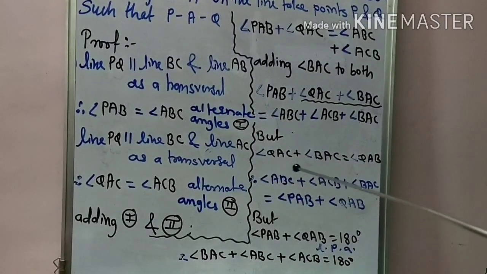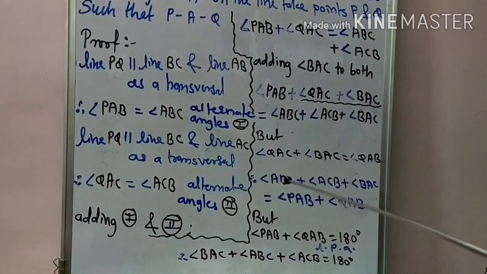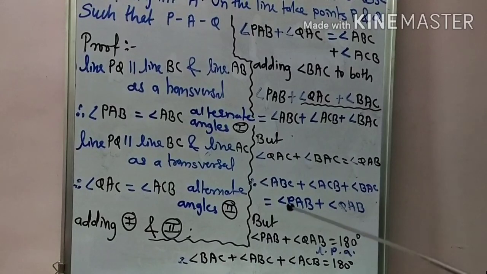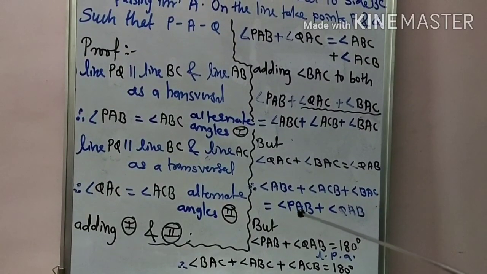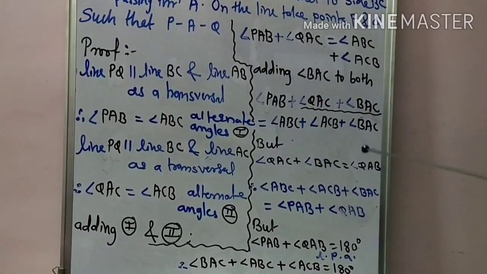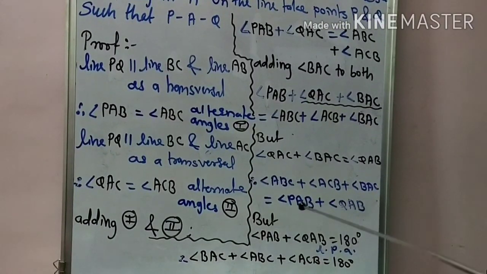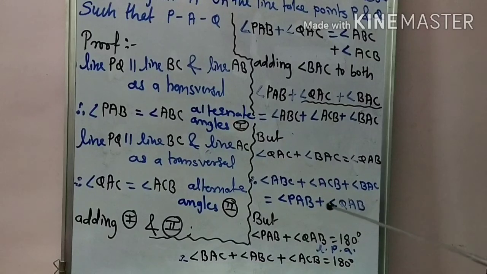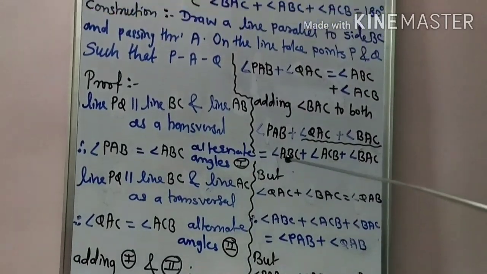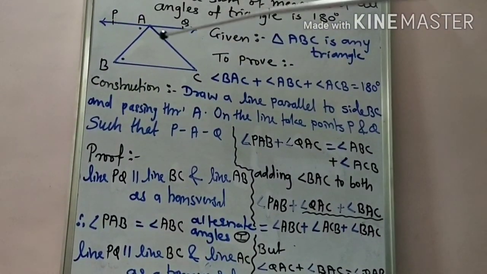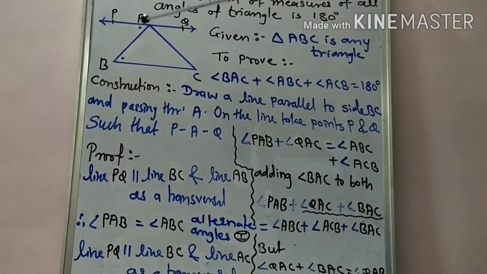First, here we interchange the sides: angle ABC plus angle ACB plus angle BAC is equal to what? Angle PAB plus, taking the sum of these two angles as angle QAB. According to the figure, angle PAB and angle QAB are what?